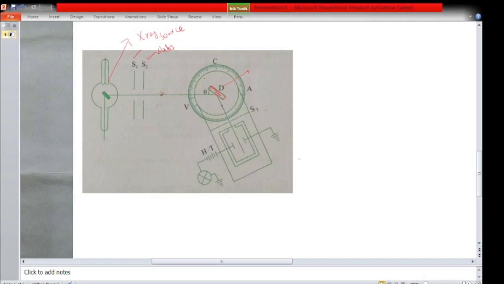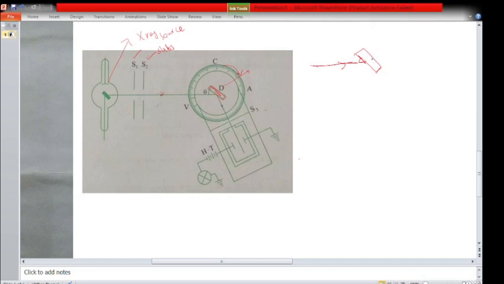Okay, so once you have this kind of arrangement, you have to rotate that, and then that will produce a different angle. As you can see, this is your crystal position initially. So if you consider this as your incident X-ray, okay, and this angle, you can consider on this one side.